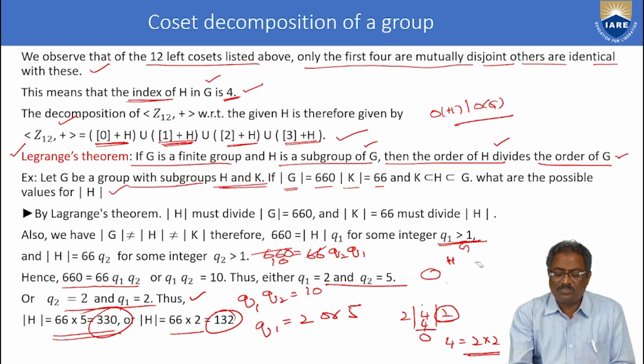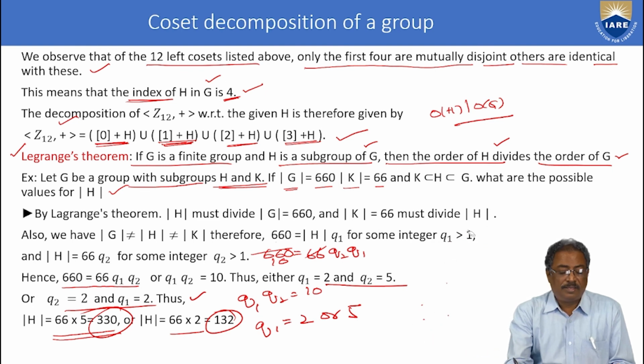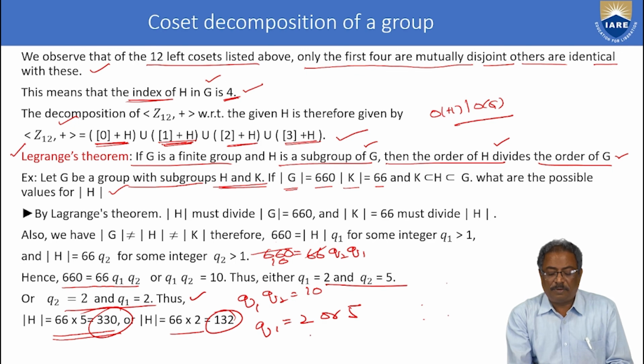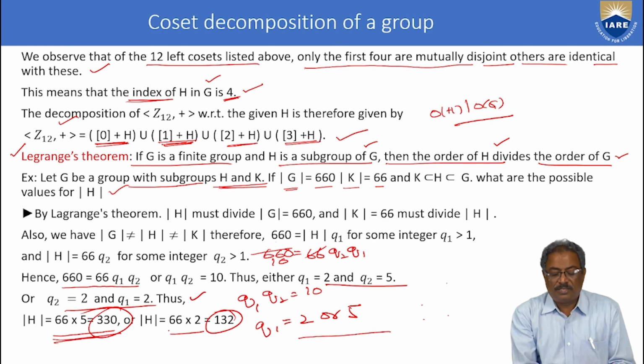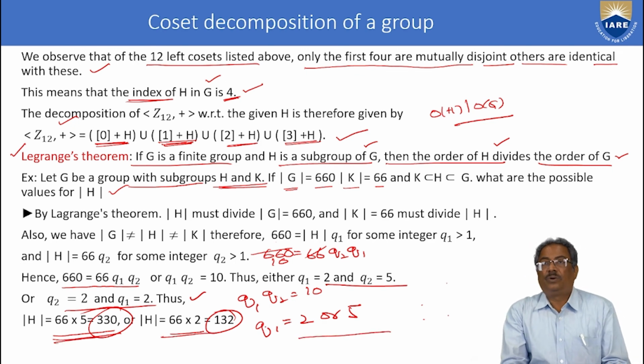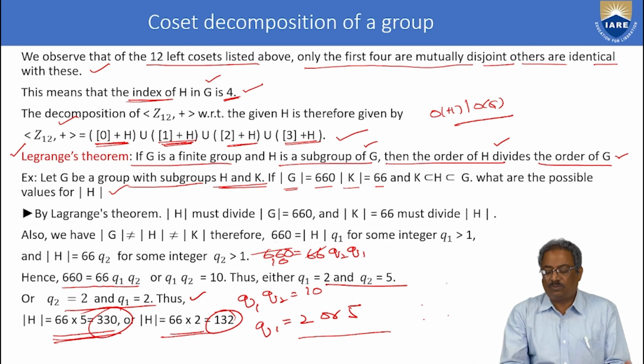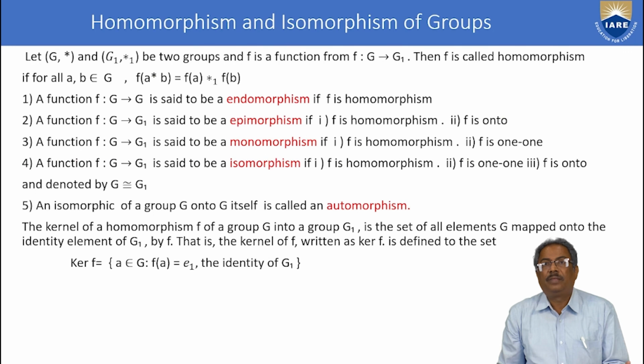Given the three conditions, we apply Lagrange's theorem repeatedly and then get the cardinality of H. One time, if Q1 is equal to 2, we get one value, and if Q1 is equal to 5, we get the other value.